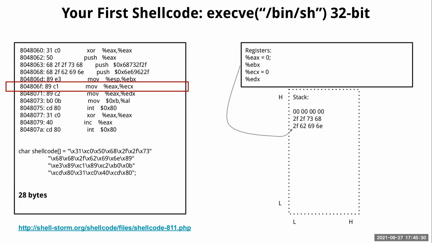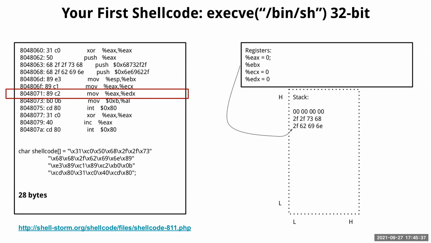After that, EDX is the environment variable. We also want to set it as 0, so we're going to move EAX to EDX. So after that, we set up all the registers we need. Oh, not yet, not EAX. EBX points to the string, ECX 0, EDX 0.